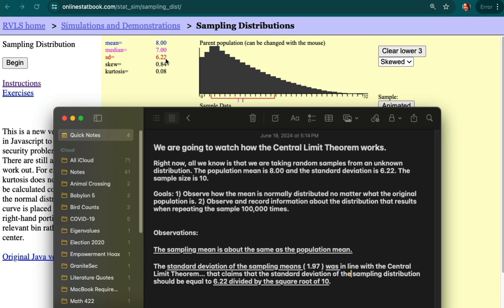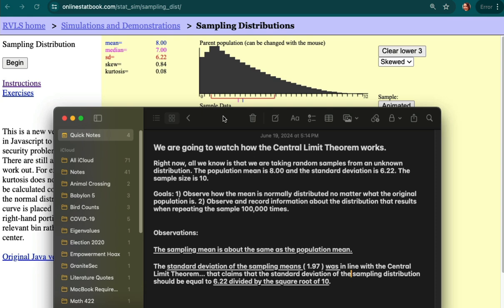Okay, so basically this gets us in the proper mood or the proper position so that we can enter into an area of statistics called inferential statistics, where we're going to be asking ourselves, what does the data tell us about the population?